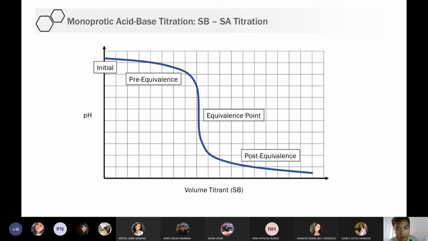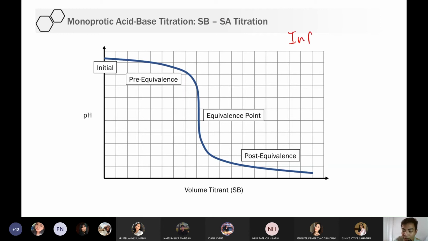If you graph the pH changes when you add the acid titrant, this is how it will look like. So, initial pH is very high given that base yun eh. So, mataas yung pH nun. Then, slowly when you add titrant, it will slowly decrease until you reach the inflection point. Again, the inflection point is the steep slope. Okay? Itong sudden change sa slope, inflection point tawag yan.